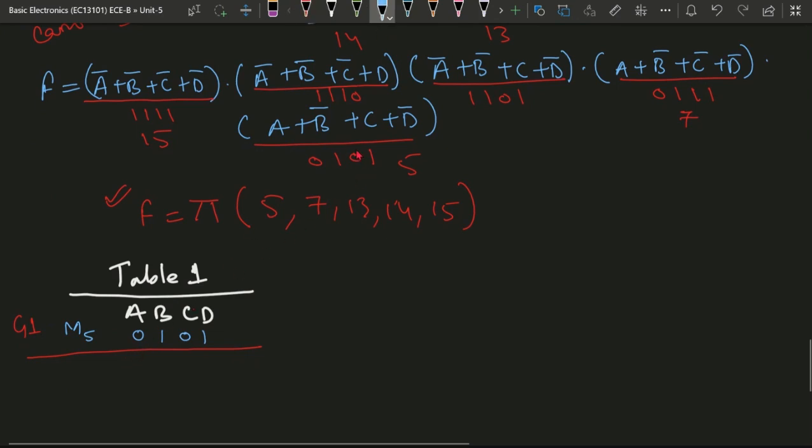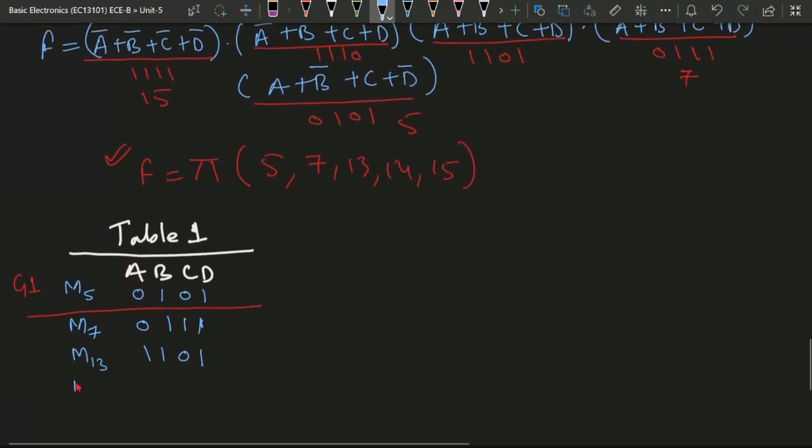Similarly, group 2 will have 3 ones. 3 is here, 3 is also here, and 3 is also here. So capital M7 is 0 1 1 1, then capital M13 is 1 1 0 1, and capital M14 is 1 1 1 0.